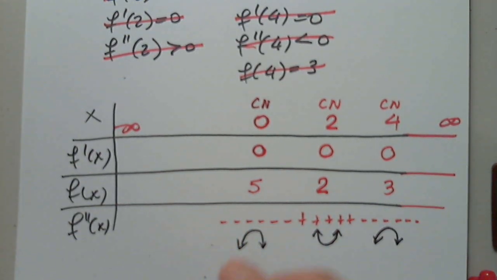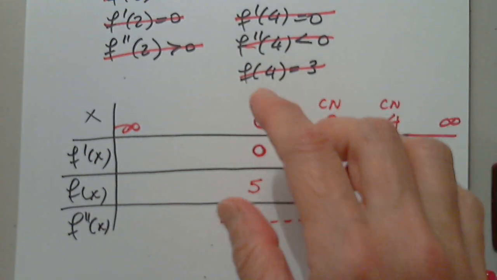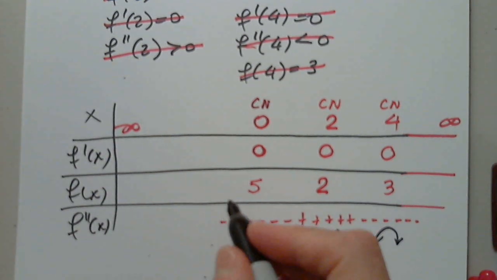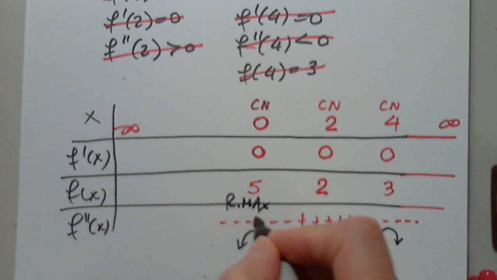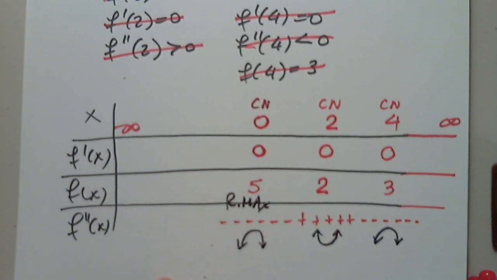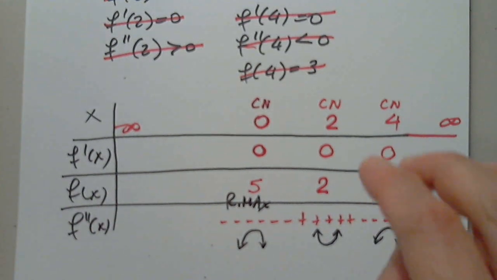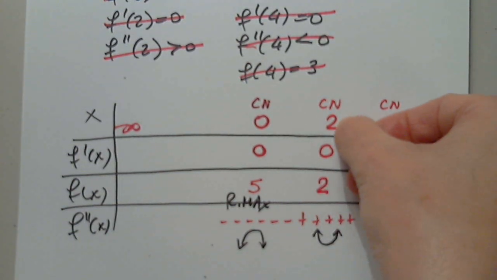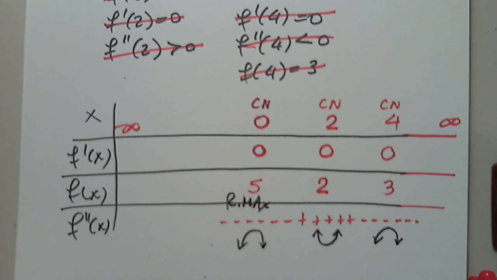Yes, but what type of extrema? Is it a max? Is it a min? It's a max. Exactly. This must be a relative max. If it's not a relative max, then the function cannot do this. Awesome. This is another critical number, and the function looks like this, according to the second derivative. What type of point is 2, 2?